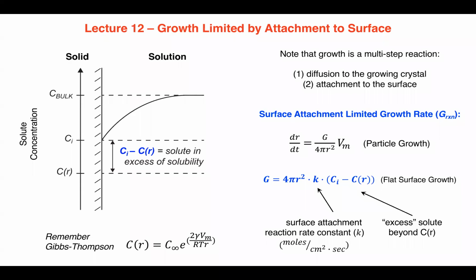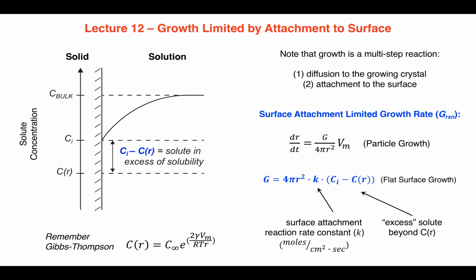We actually have the same volumetric growth rate here, dr dt, but in this case, the kinetics of growth are related to some surface attachment rate constant and then this concentration we just defined, the difference between the surface concentration and the solubility. Okay, so this is basically a simple first order rate expression.